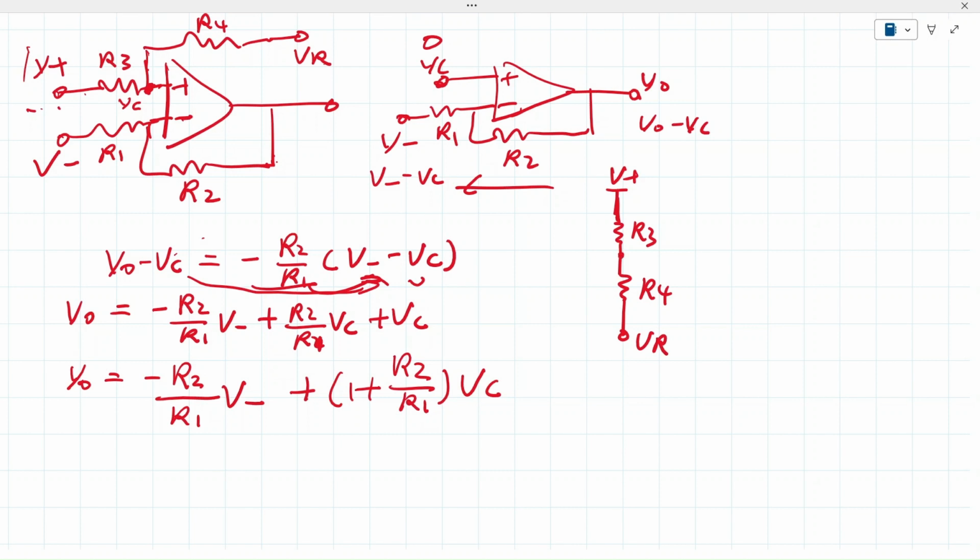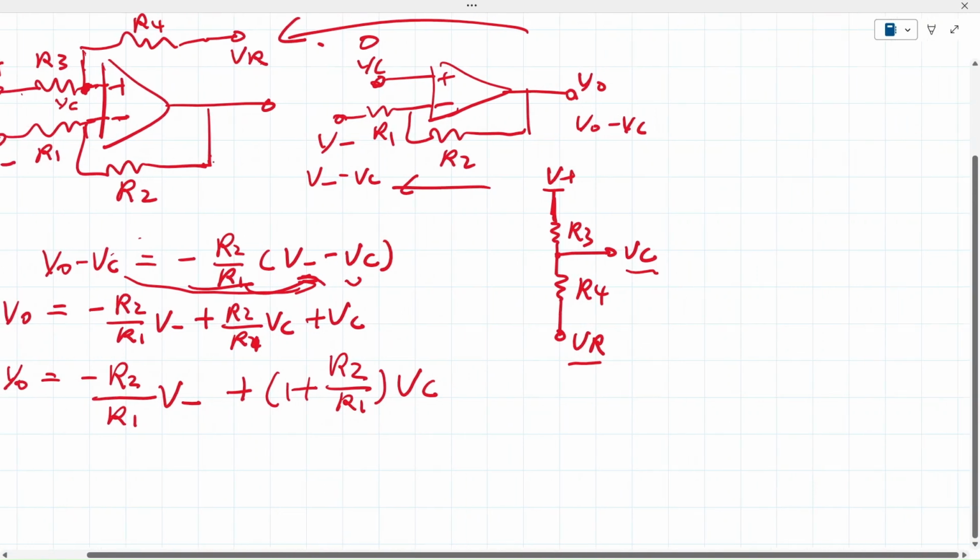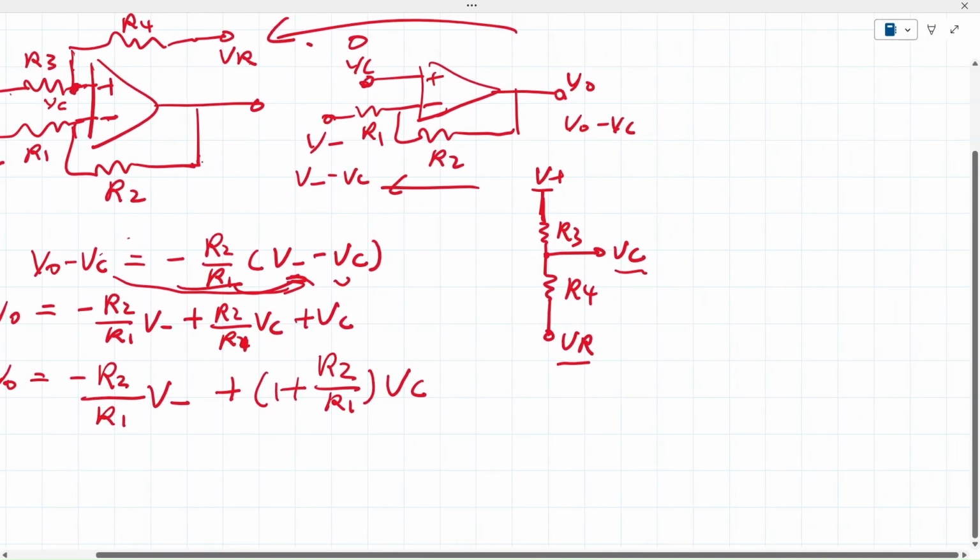Then the middle point here is VC. So we just need to figure out what VC is, and this is just a voltage divider, a little bit fancier because we have a VR rather than a zero ground. There are many ways to write this, and we talk about the regular way first.